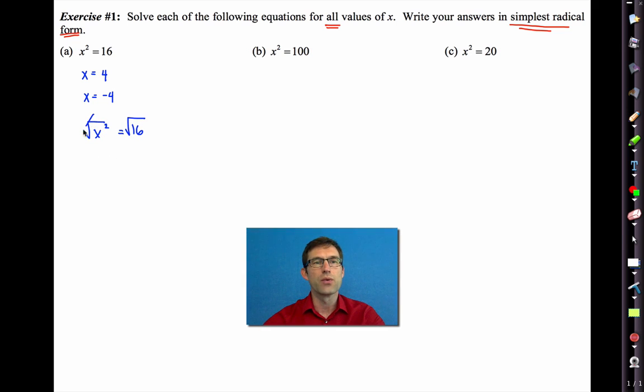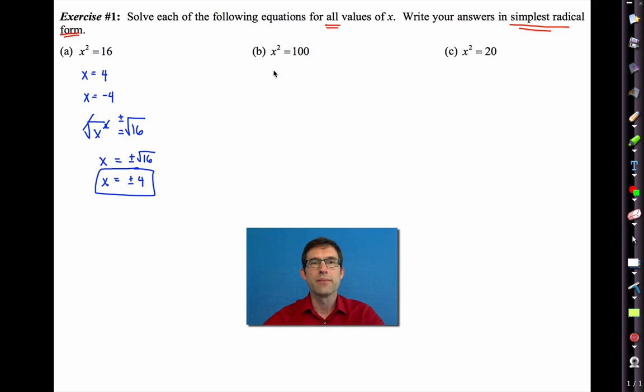When you cancel these two out, you get the square root of 16. One of the problems with that, though, is it would only result in one answer, which is 4. So what I tell my students, and what pretty much all teachers tell students, is that when you take the square root of both sides of an equation, you always introduce a plus or minus. So we get x equals plus or minus the square root of 16, which means x is plus or minus 4.